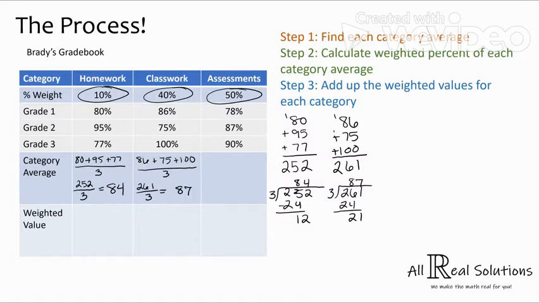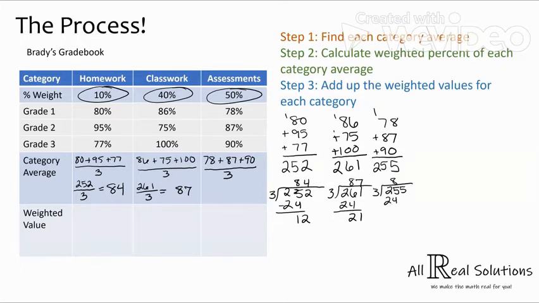Last is assessments. We're going to add up the 3 grades and divide by 3. So I have 78 plus 87 plus 90 divided by 3. That's 255 divided by 3.